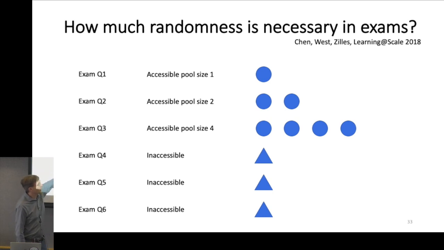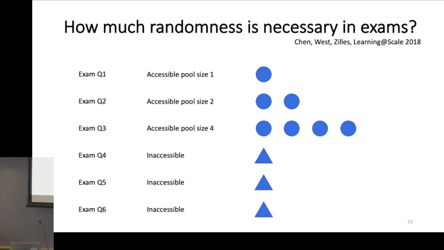They basically had 3 problems that were never exposed to students through homework, and then 3 problems that were on the homework but also on the exam. This encourages the students to go back, review the homework, and make sure they can do all that stuff. In this slot of the exam, there was 1 question. Everybody got the same question. In this slot in the exam, there were 2 questions.